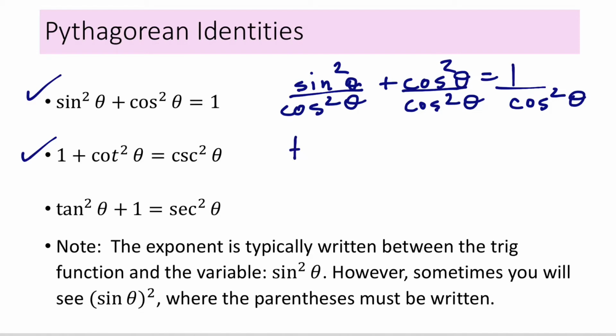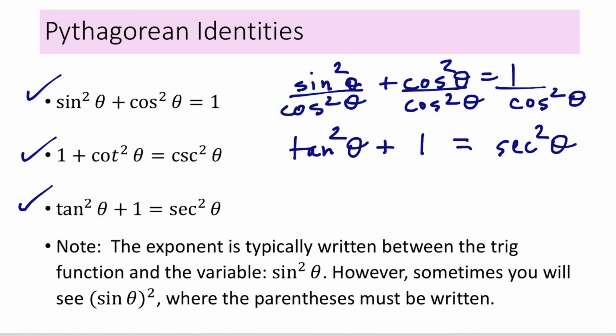And then we have 1 for the second term now. And this last term here, 1 over the cosine squared, is equal to the secant squared. So we've developed the third version of the Pythagorean identities, and these are all related.